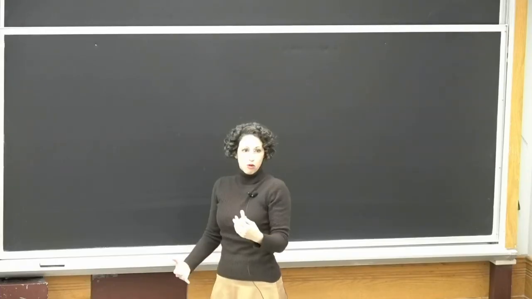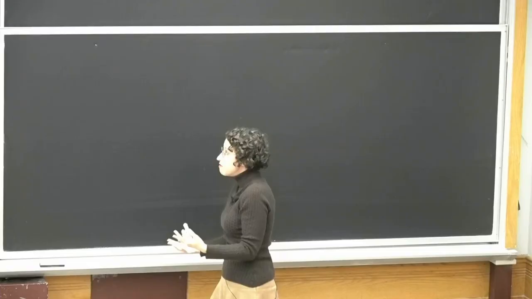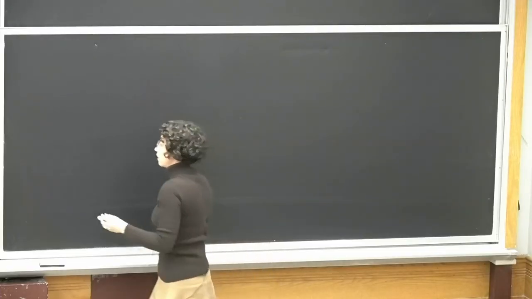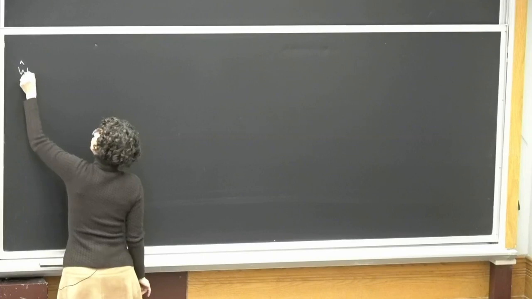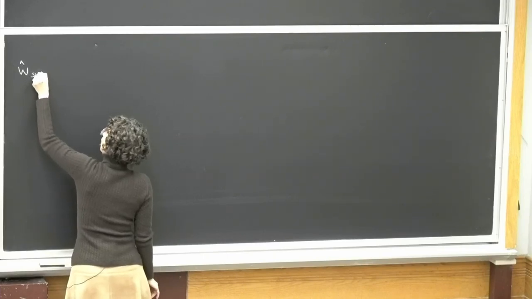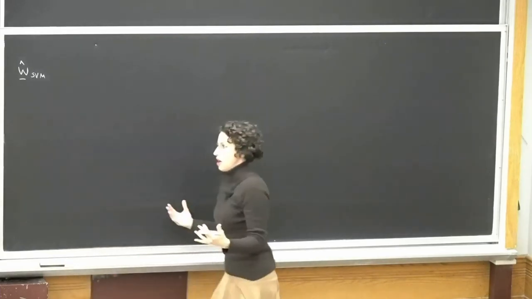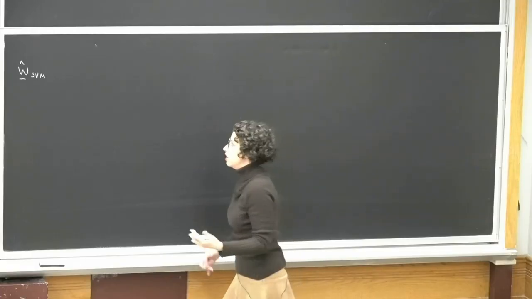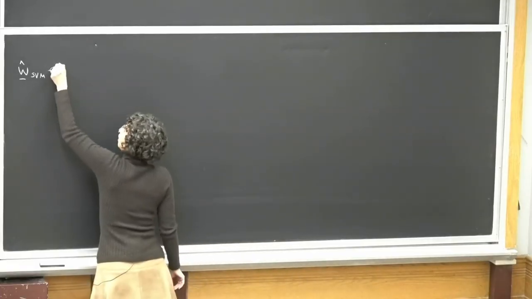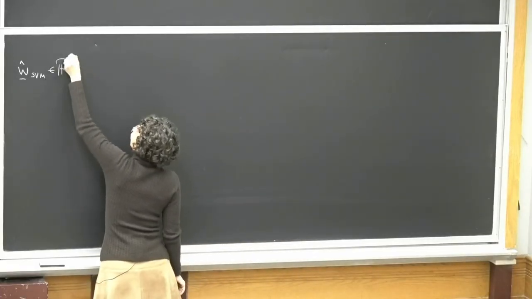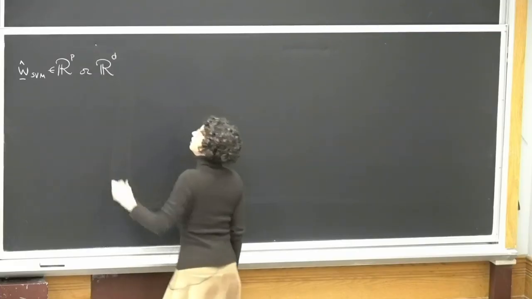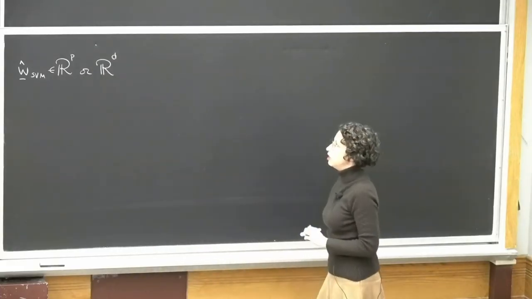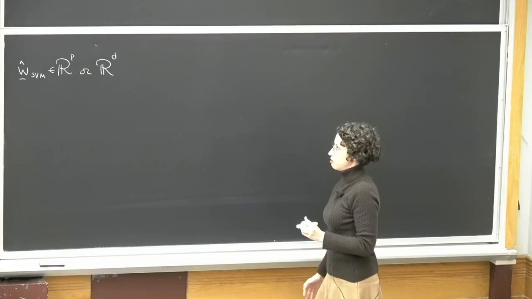Okay, so I feel like I've been throwing the word weight vector around a little bit more than is clear. So I just want to be clear that when we talk about w hat SVM, or even w hat ridge or least squares, this is going to be a vector in our feature space. So either d-dimensional or p-dimensional, depending on whether we have a kernel or not.